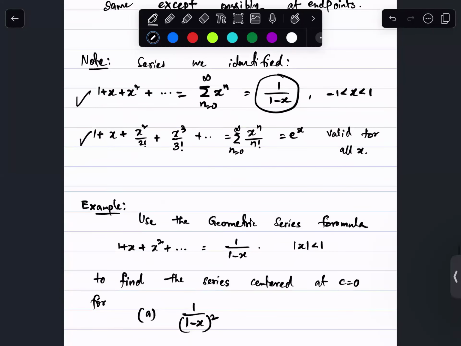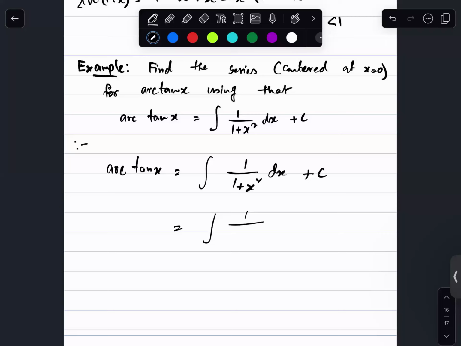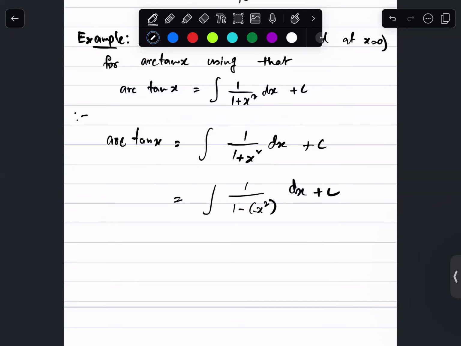I can do it like this: 1 over 1 minus (minus x squared). Okay, fine. Now for modulus of minus x squared less than 1, I can write this as the integral of the summation n equal to 0 to infinity of (minus x squared) to the n dx plus c.